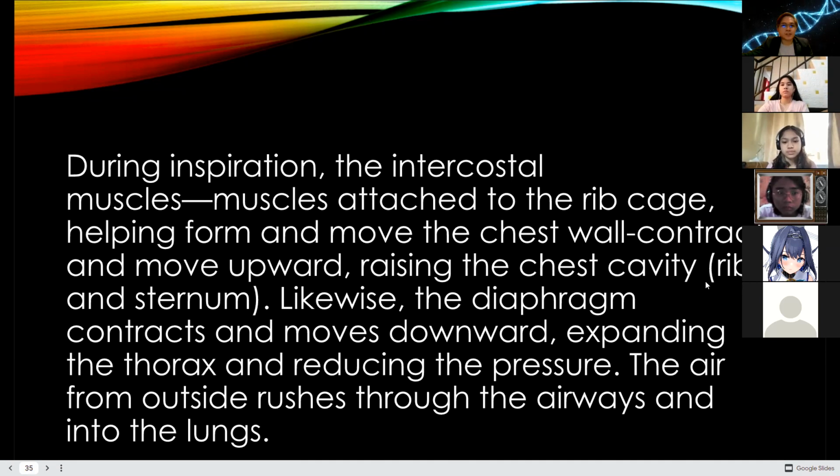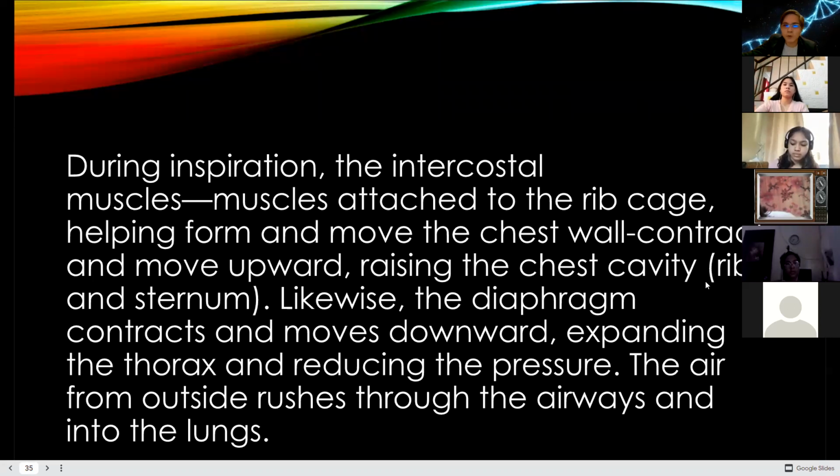During the inspiration, the intercostal muscles, these are muscles attached to your rib cage, help form and move the chest wall, contract and move upward. Remember your diaphragm. Your diaphragm is helping to expand the lungs, raising the chest cavity or your ribs or your sternum.